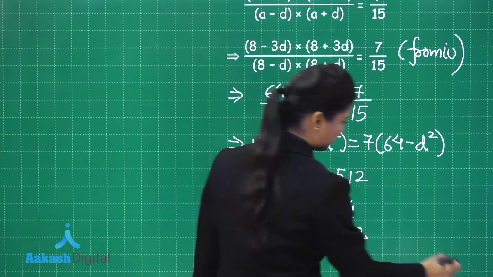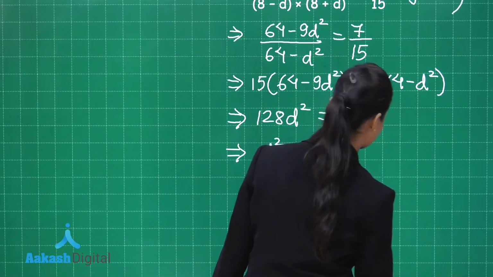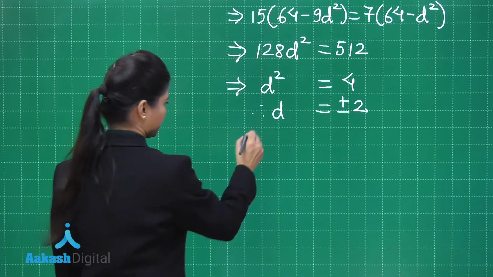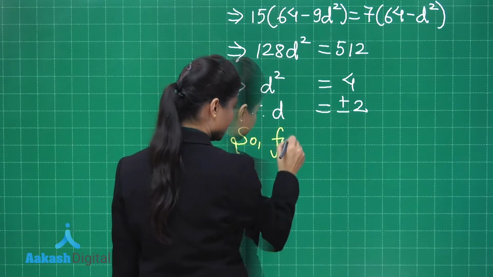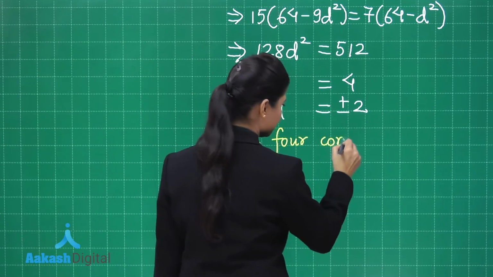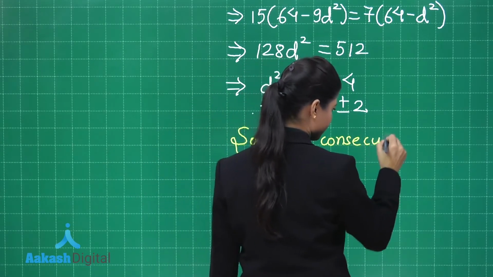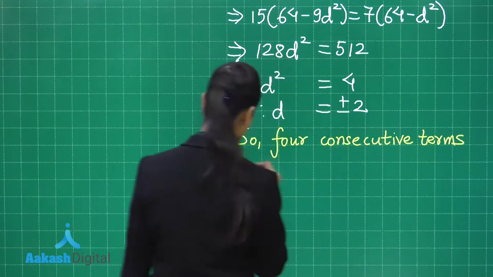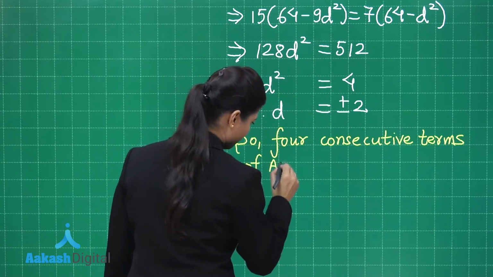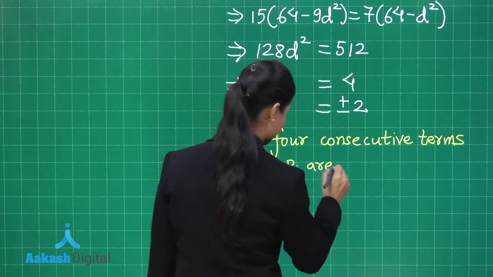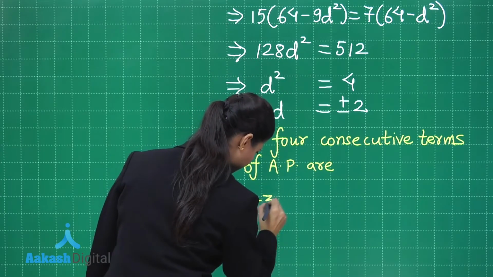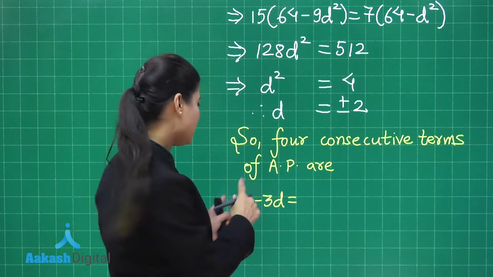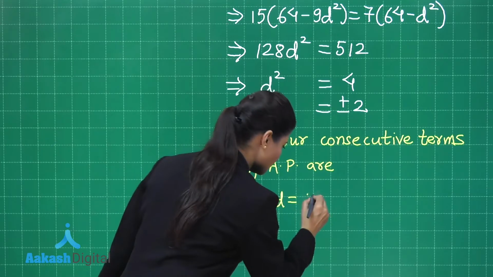Using this, I can definitely get the 4 numbers, that is the 4 consecutive terms of the AP. So next I could write, 4 consecutive terms of arithmetic progression are A minus 3D, where A is 8, and if I consider firstly D as 2, I'll be getting 8 minus 6, 2.